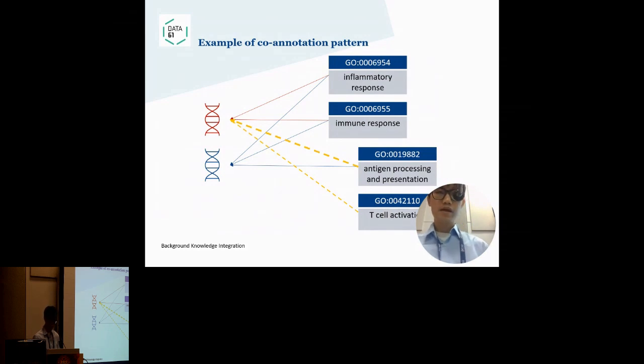And these patterns can aid in detecting inconsistencies, or detecting outliers, in the gene ontology annotation. So as illustrated in this diagram, the GO term antigen processing and presentation, which is the third GO term, is more likely to be associated with the red gene, as opposed to the fourth GO term, which is T cell activation.